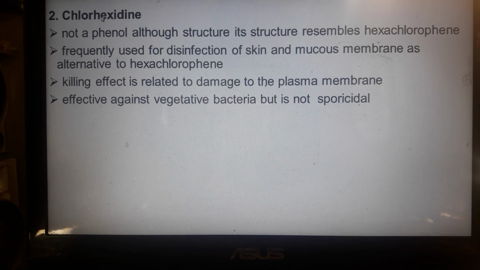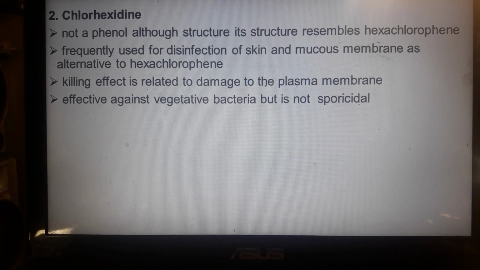We have chlorhexidine, not a phenol, although its structure is almost the same as hexachlorophene, and frequently used for disinfection of skin and mucous membrane as an alternative to hexachlorophene. Its killing effect is related to damage of the plasma membrane, because once chloride ion penetrates, it causes leakage or damage of the plasma membrane.